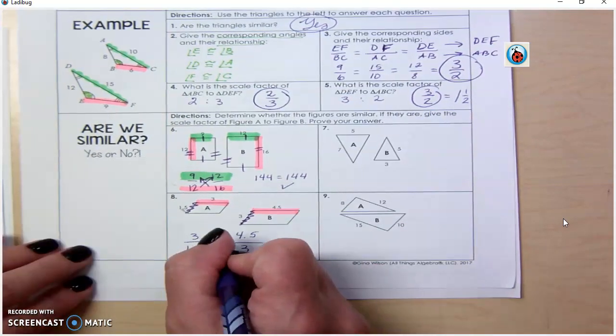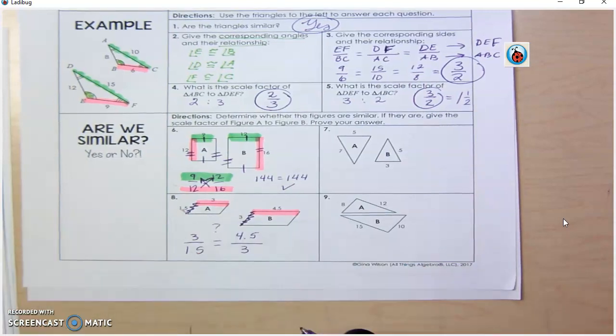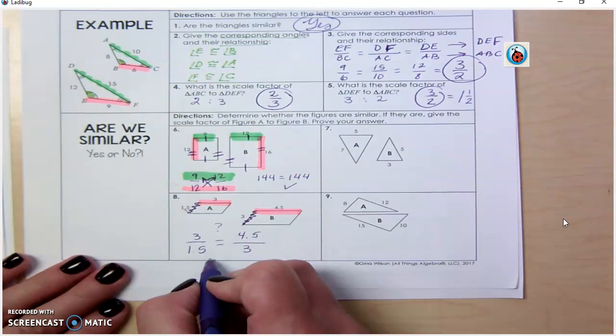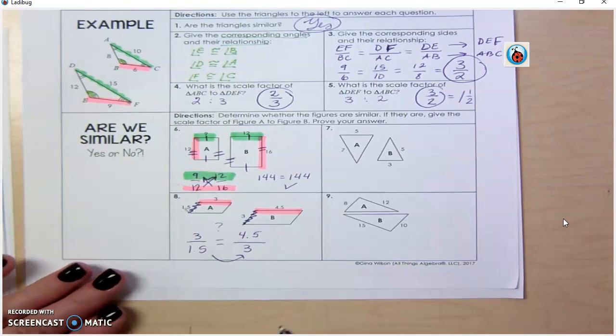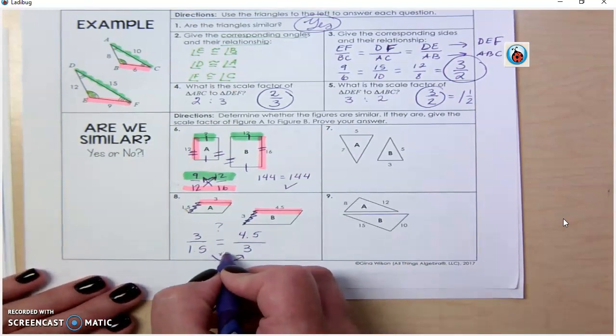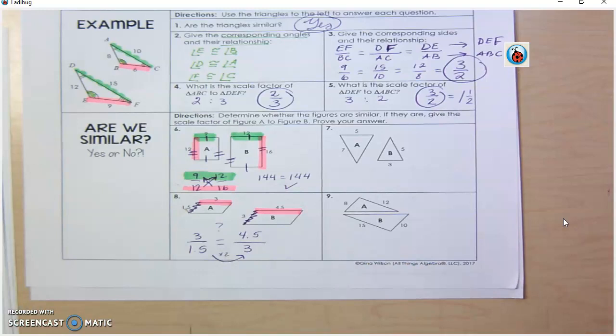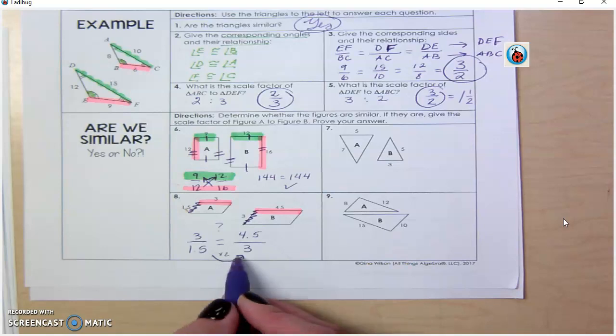All right, so we are trying to see if they are in proportional relationship. So for this, I do want to remind you that once again, we can use this multiplicative relationship to see if we have a relationship. So we have a pattern, an easy one to spot: times 1.5 times 2 gives you 3.